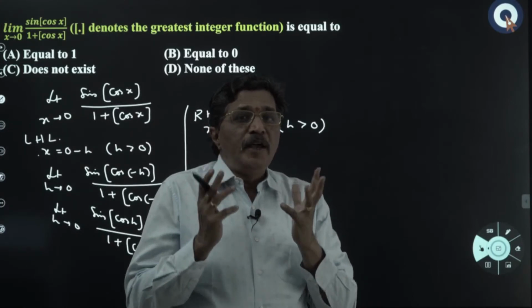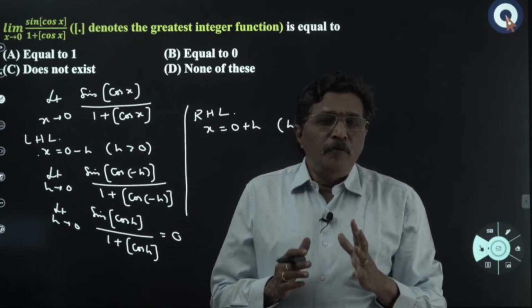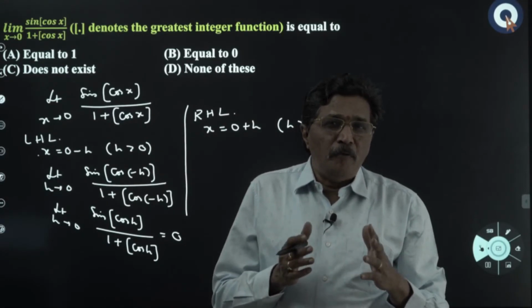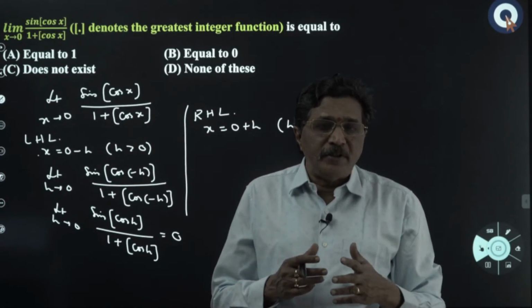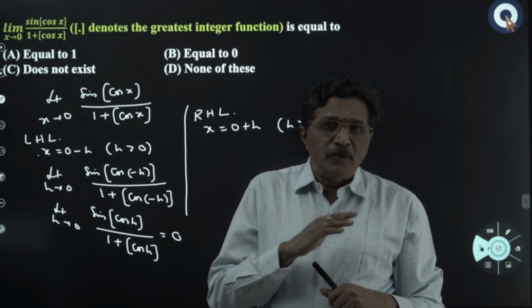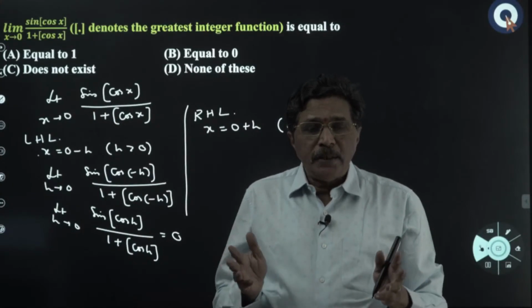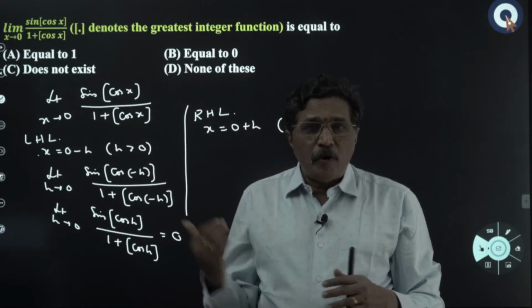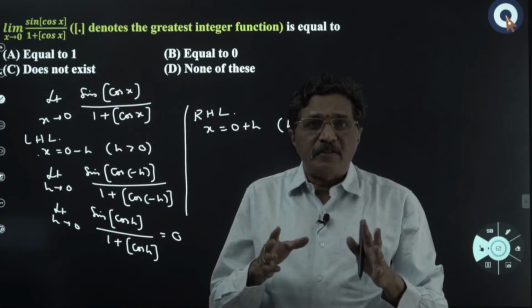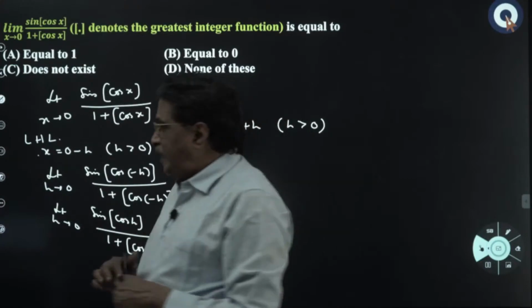If a functional equation is given, we don't need to consider h greater than 0, we simply consider h, and for left hand limit let h be positive and for right hand limit let h be negative. We can do that, it is convenient there. For all the other problems usually h greater than 0 notation is more convenient. These small things are to be kept in mind.